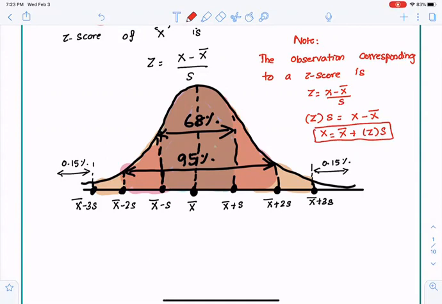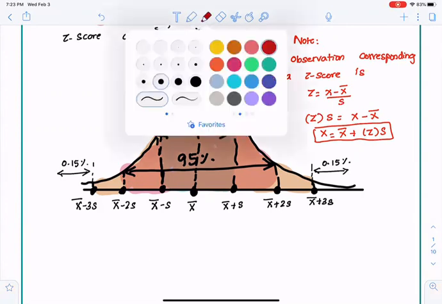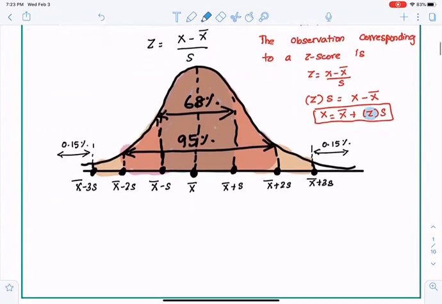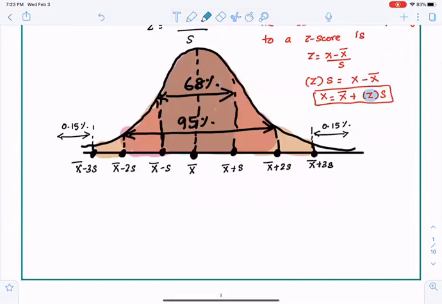So if we pay close attention, you will notice x bar plus z multiplied by s, and compare that to what we wrote here.